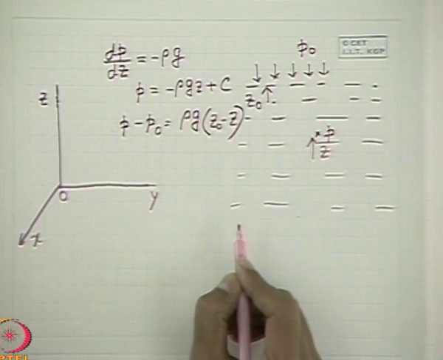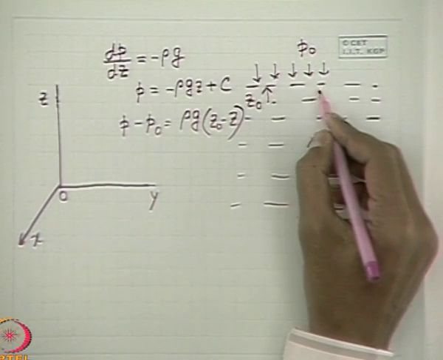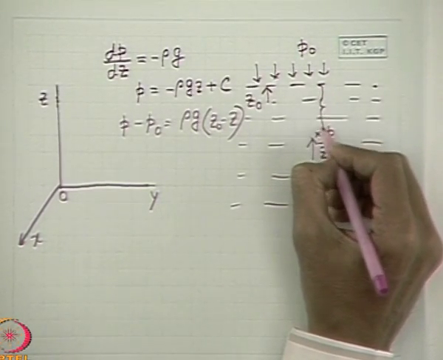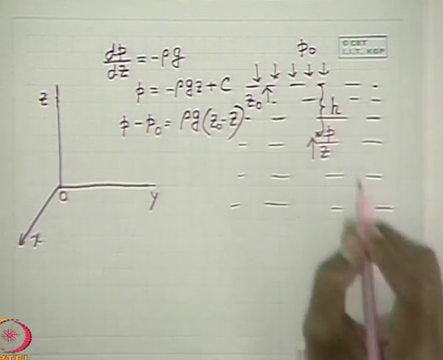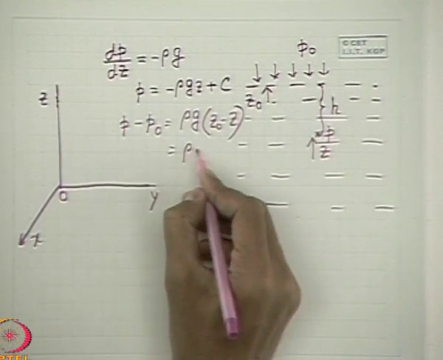Here z0 minus z is simply the vertical depression of this point from the free surface. If we define it as h, it is simply rho g h.